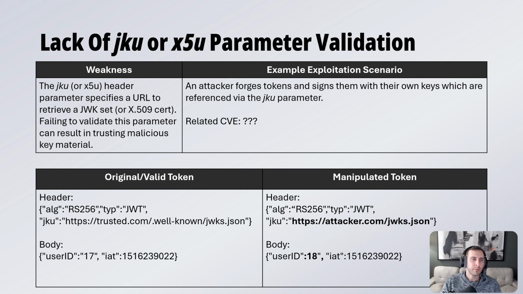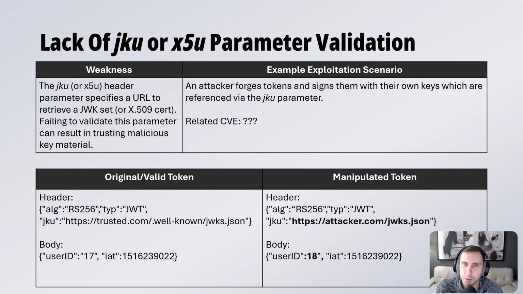So you might recall that the JKU or the X5U headers specify URLs to retrieve keys or certificates from. This is another interesting one where I couldn't find an immediate CVE, but it seems like one that is discussed a lot, and there are a lot of tutorials and labs for this.